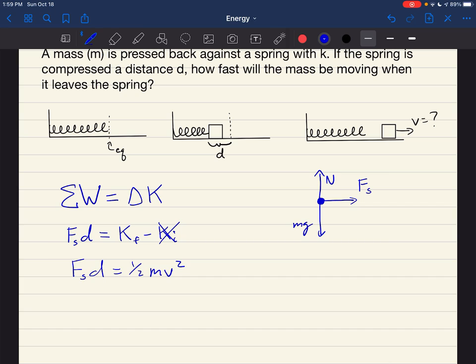Okay, but we have a problem. And the problem is that the force applied by the spring on the block changes as the block is being accelerated, right? So at first, the force is really strong, and then the force actually decreases over time. So if we were to try to draw the force over distance, it would decrease because the force starts out really strong when the spring is squished.